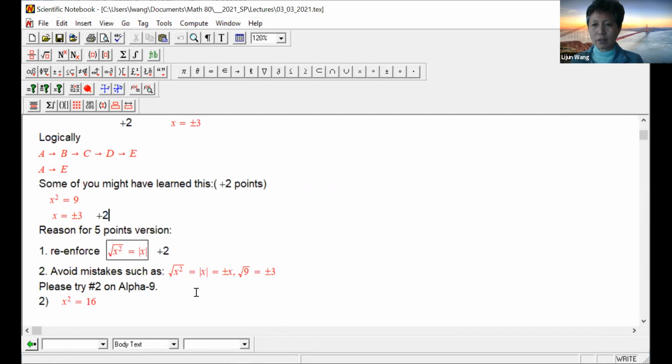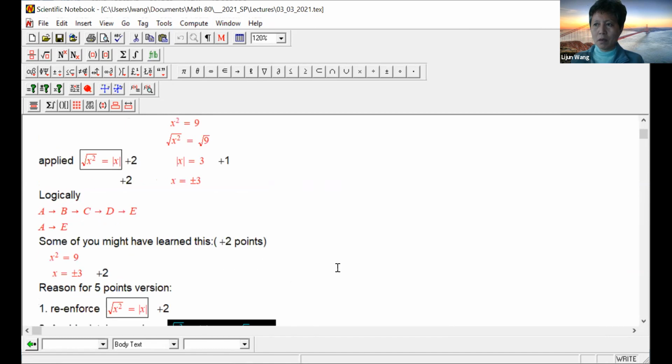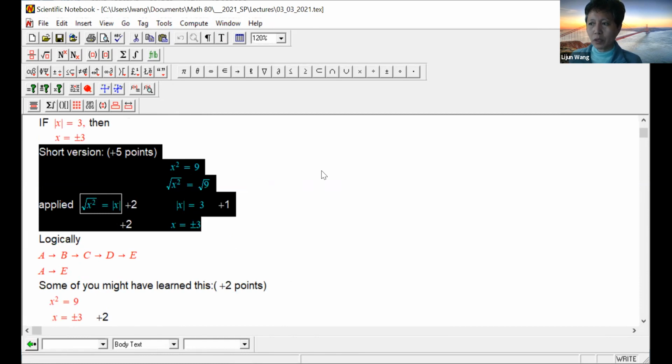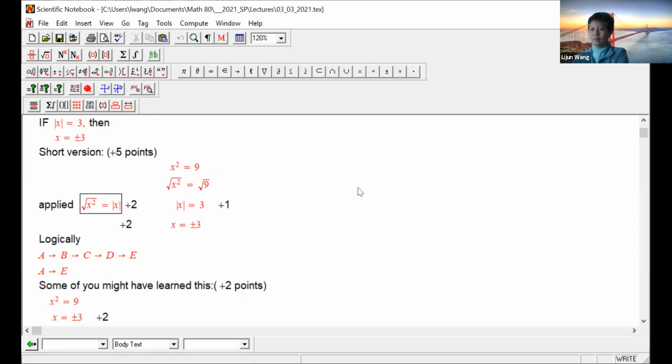And it also could give us a false impression of these mistakes. So I want you guys to do this. You get more points, and you also get to reinforce that critical identity. X squared equals 16.